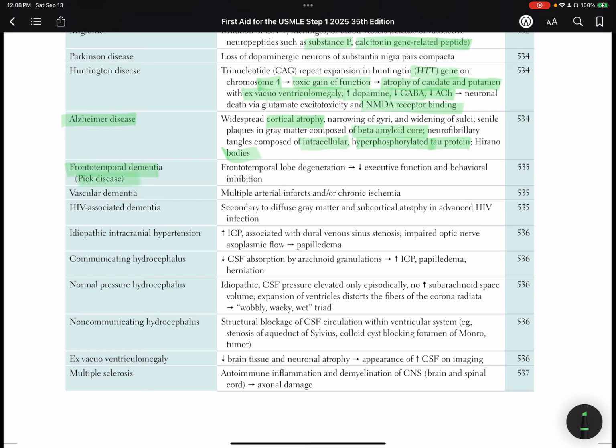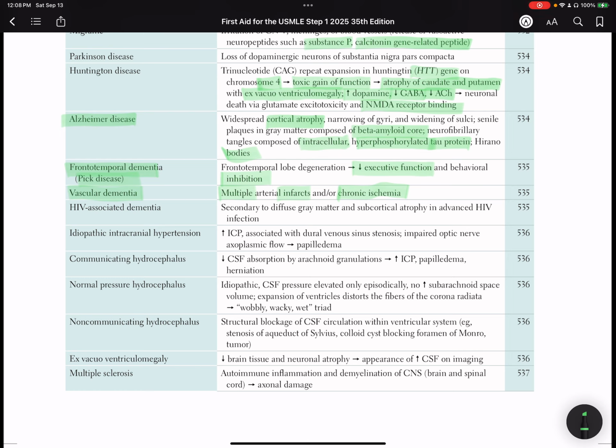Frontotemporal lobe degeneration leads to decreased executive function and behavioral inhibition. What causes vascular dementia? Multiple arterial infarcts or chronic ischemia.